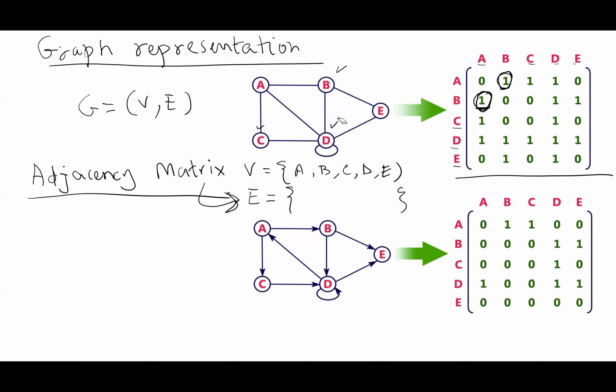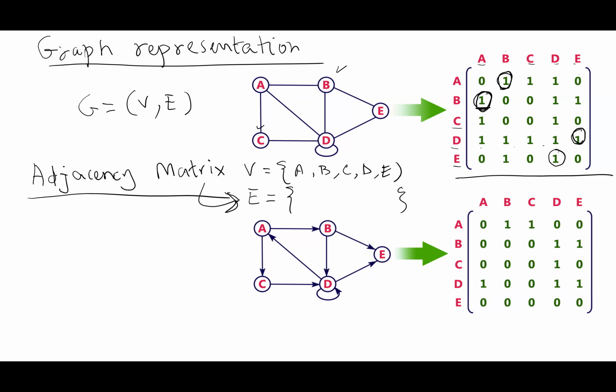And then you see here that D has an edge to E, right? That means E also has an edge to D. You see that? So using the matrix, whenever there is an edge between the vertices, we put a 1. And if there is no edge, we put 0. This is the adjacency matrix representation of the edges.